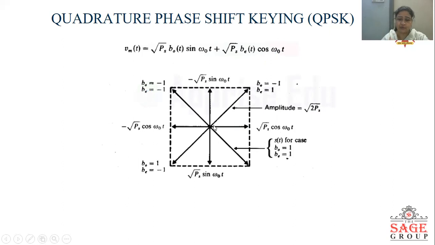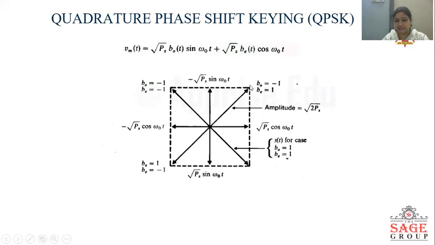So the amplitude will be root 2 PS. Similarly, for B naught is equal to 1 and BE is equal to -1, the point will be represented here, and the signal for B naught is equal to 1 and BE is equal to 1 will be represented here.